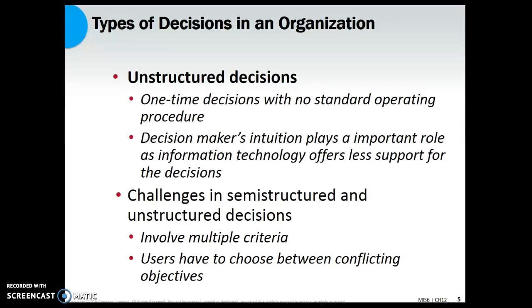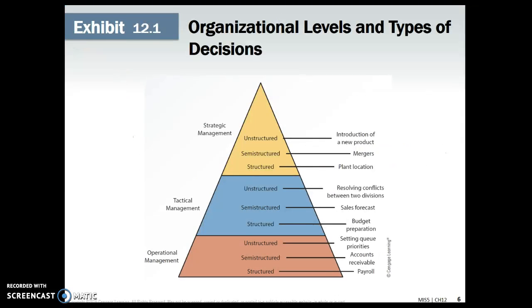The challenges of semi-structured or unstructured changes can be a lot of things: multiple criteria, conflicting objectives. This is a look at the organizational levels and the kinds of decisions that you make. The more prepared you can be going into a decision, the better decision that you're going to make.